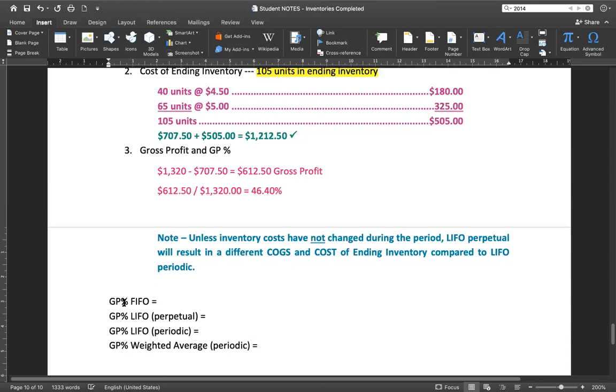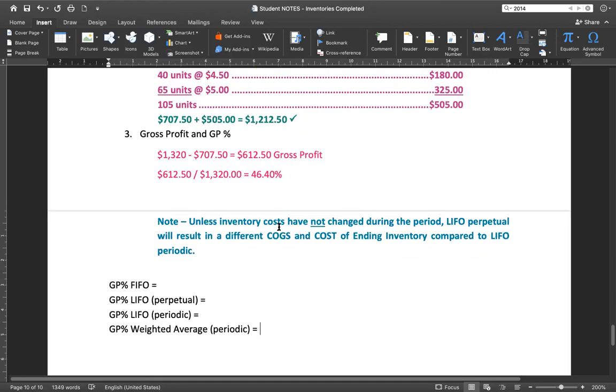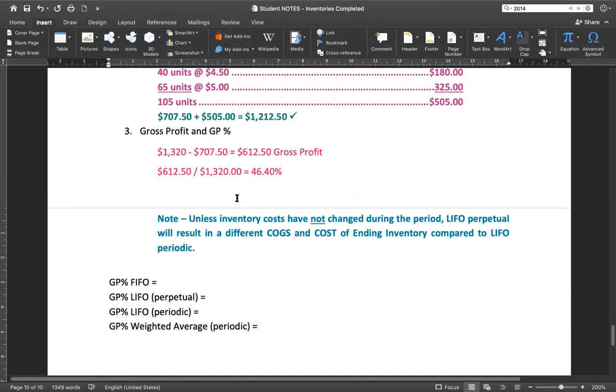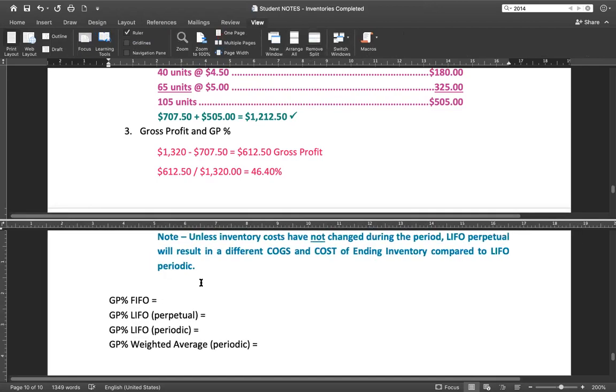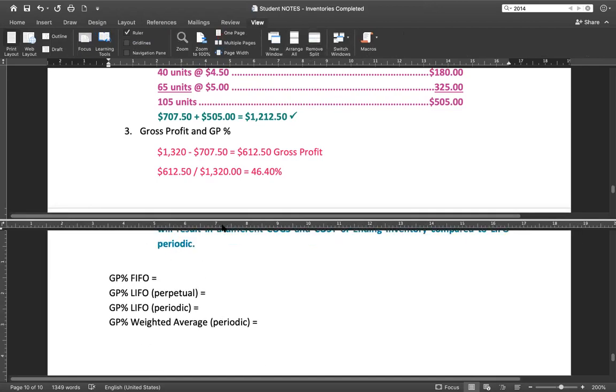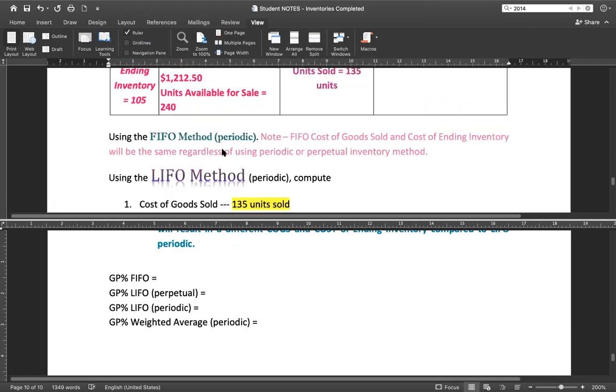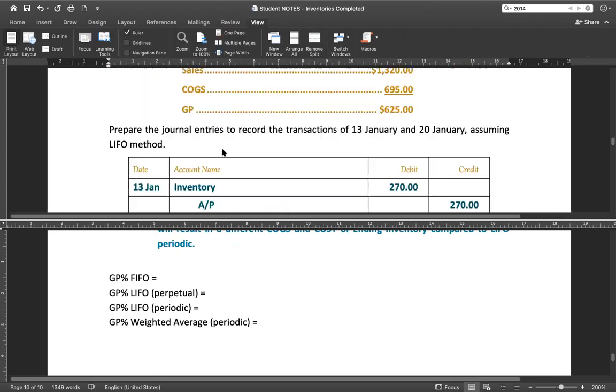There is also weighted average perpetual, but it's a little bit more of an advanced topic. So now what I'm going to do here is record each of these gross profit ratios from the different methods.